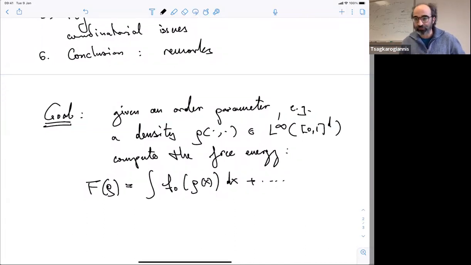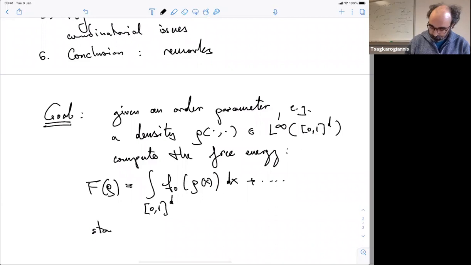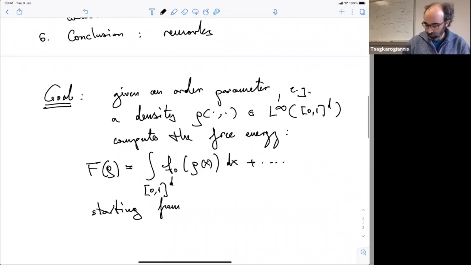It might have 2-point correlations, so it can be a general function. So compute that starting from a microscopic system.